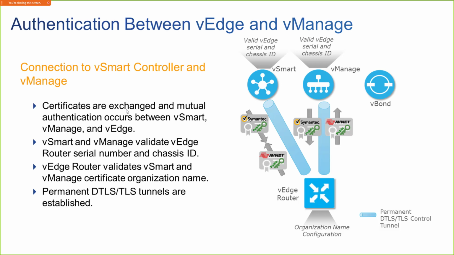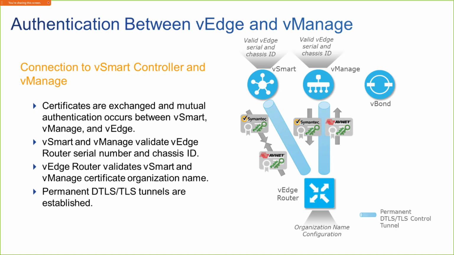Now, vEdge and vManage, it's kind of the same process, right? We exchange certificates mutually. We verify those certificates by using the same process. We use the serial number and the chassis ID number on the vEdge device to verify the vEdge device with the vManage device.